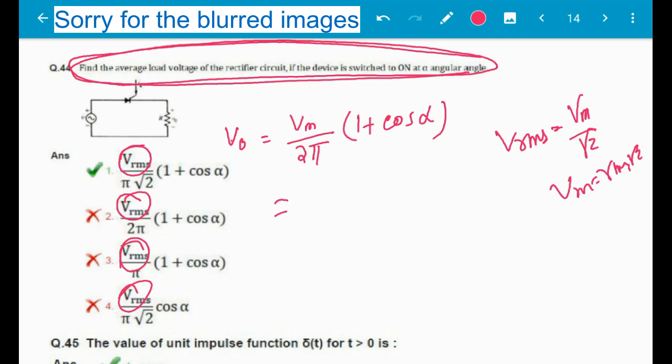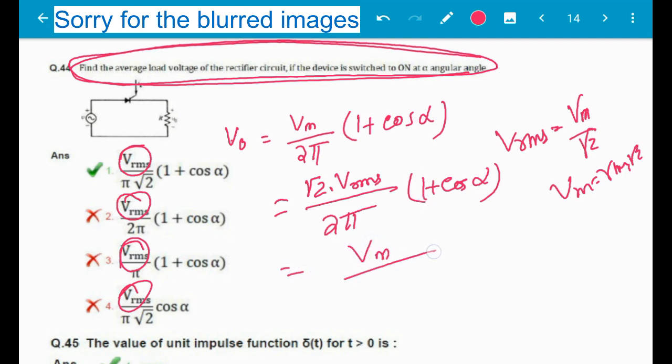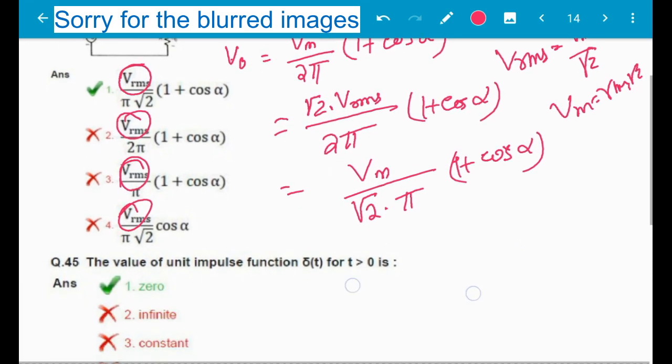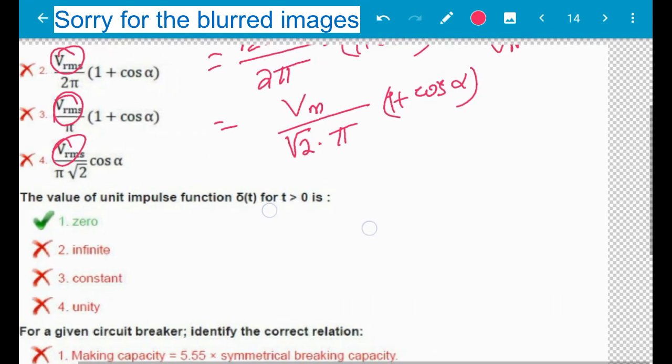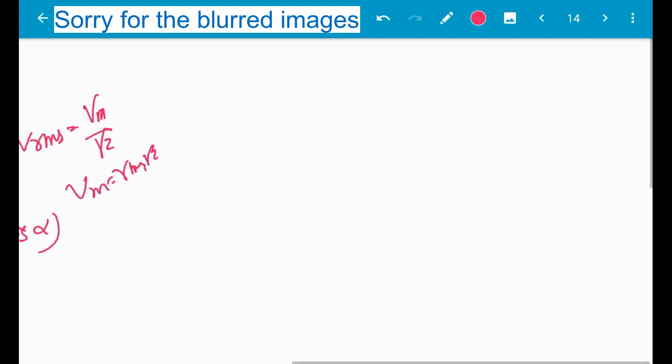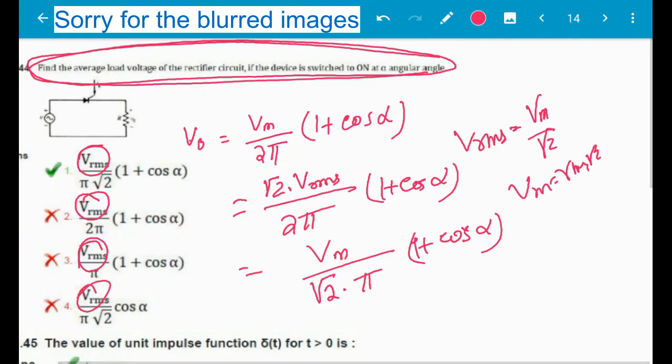So I can replace Vm by root 2 into Vrms by 2π into (1 plus cos alpha). So this will be Vrms by root 2 into π into (1 plus cos alpha). This is the answer. So here the answer is this one.